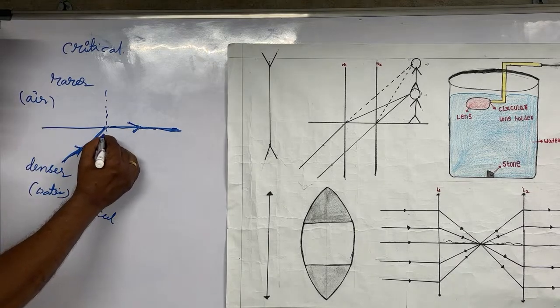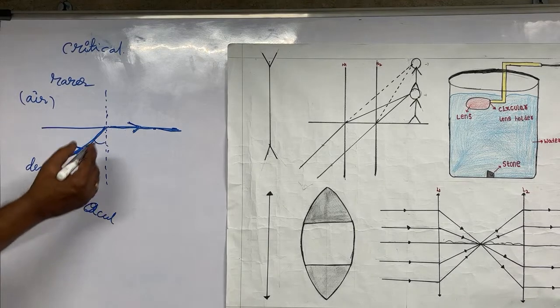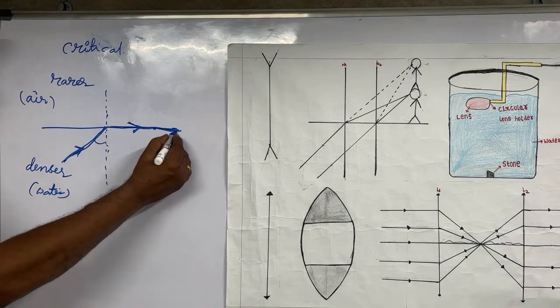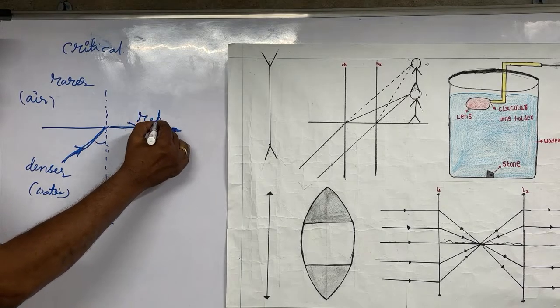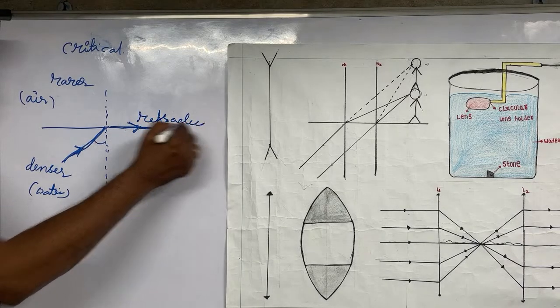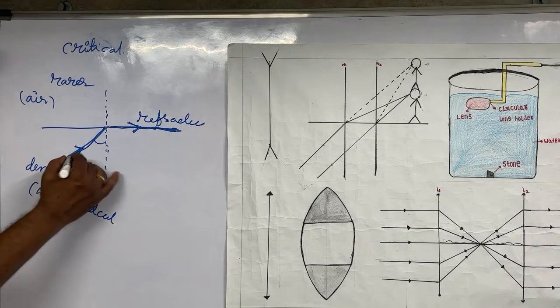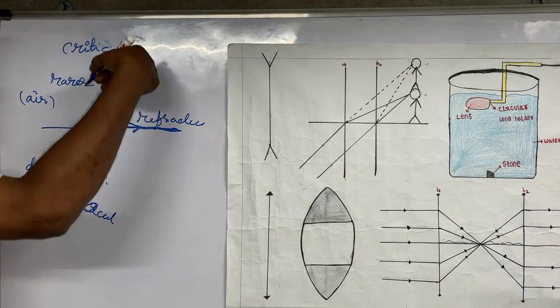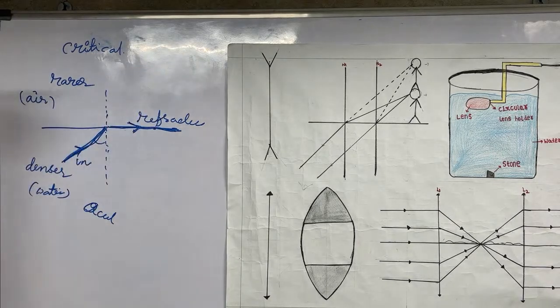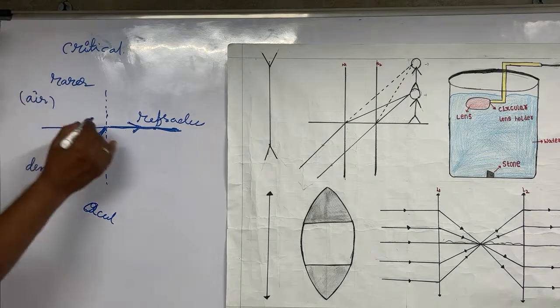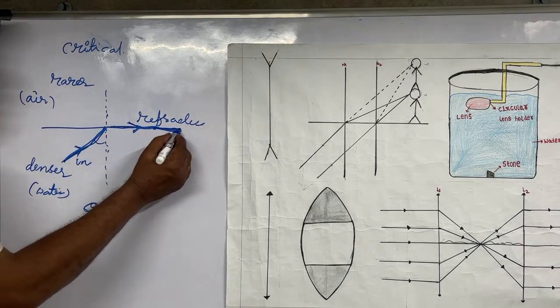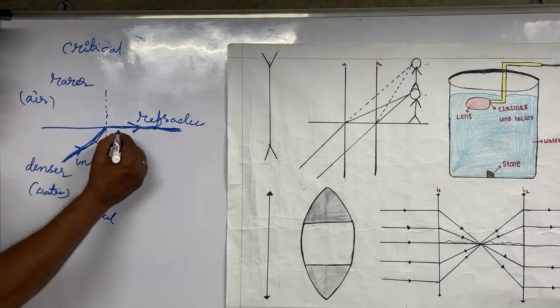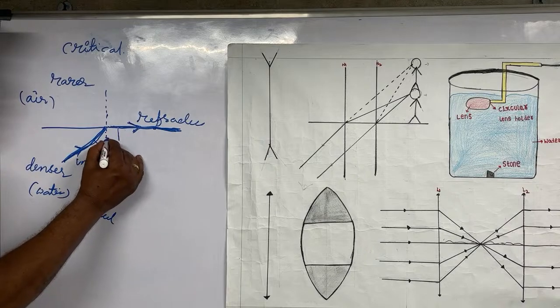This ray is called the refracted ray. This ray is called the incident ray. So the incident ray, after touching the interface, has to come out into the rarer medium, but it is not coming into the rarer medium and is just flowing along the interface. Whatever angle is forming here means 90 degrees, a right angle with the normal.